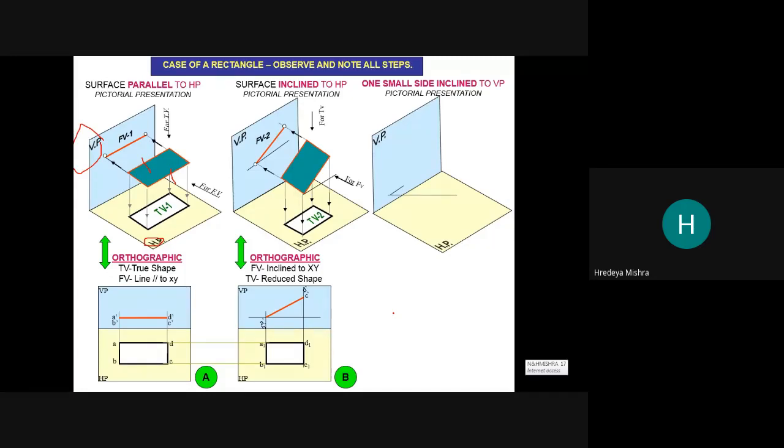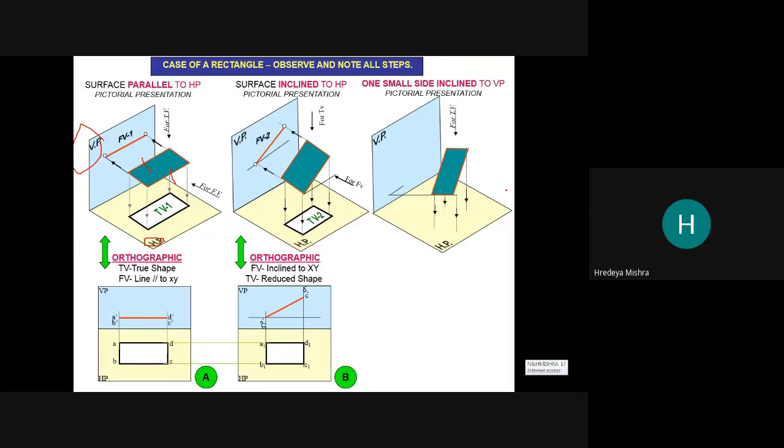Now the total shape is inclined with the HP, and its lower side has inclination with the vertical plane. So what is the projection?